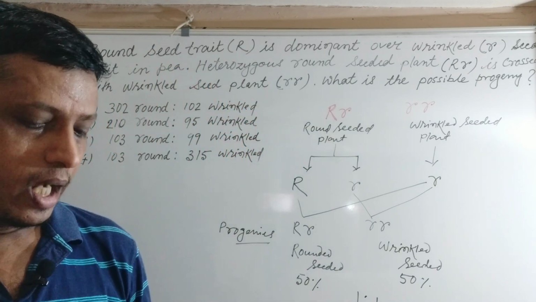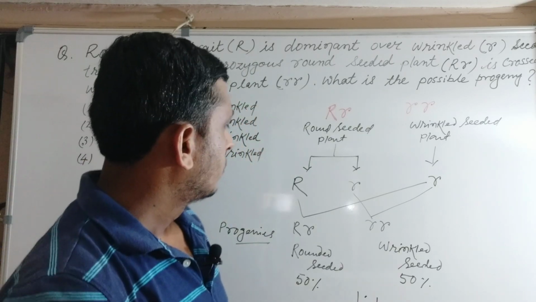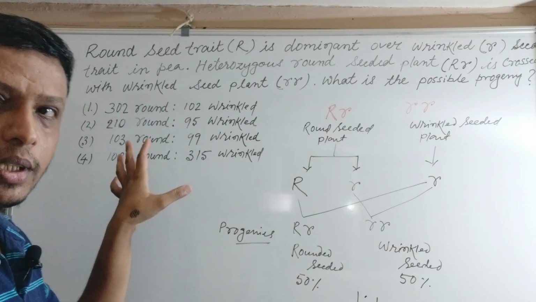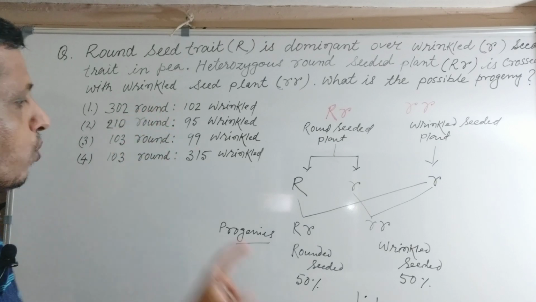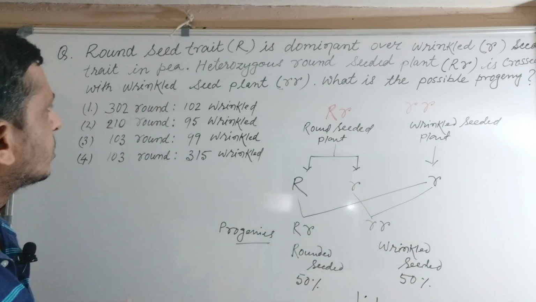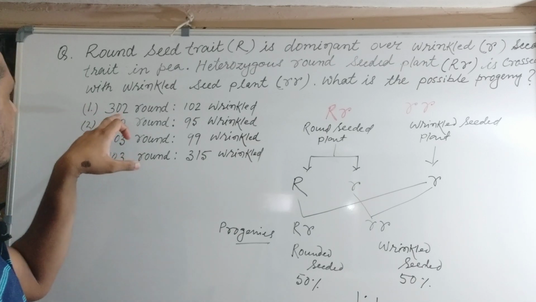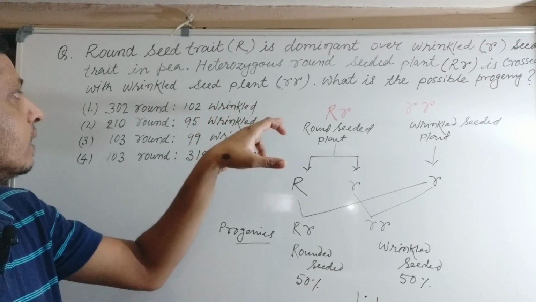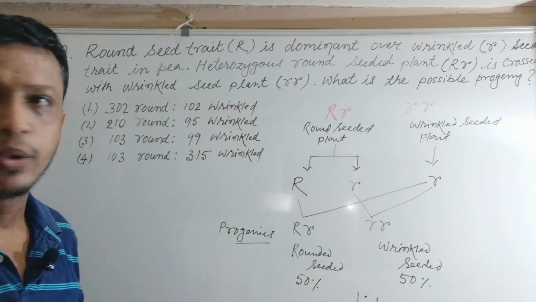Now from the options we have to see in which option we are getting a 1:1 ratio. First option you see 302 round and 102 wrinkled, so there is no 1:1 ratio.